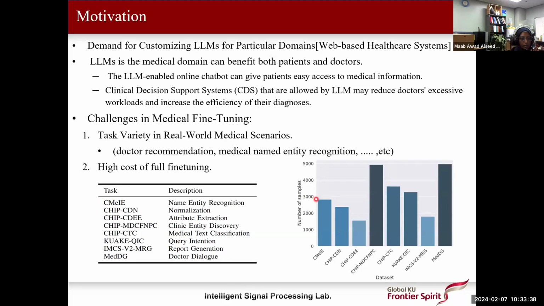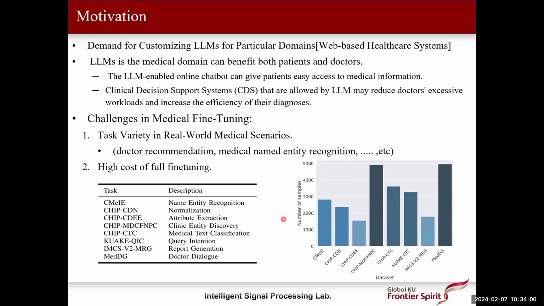If we used just LoRA with the whole dataset, the performance would sometimes be imbalanced or biased according to the number of samples of the task. For example, if this task has a larger number than the others, the model could learn this task better than the others. Oh, okay. So for the tasks that have small data, if you train on the whole dataset with all the different datasets, it will not perform as well on the tasks that have a small dataset. That's the problem.